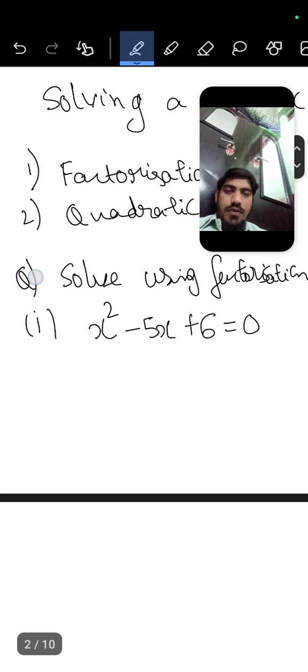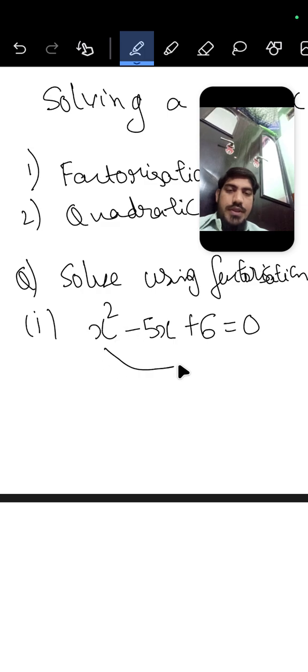While solving this equation by using factorization, we need to multiply the first and last terms, which is x square and 6. So x square into 6 is 6x square. Then we need to find the two factors which give 6x square on multiplication, and when we add them we need to get minus 5x.